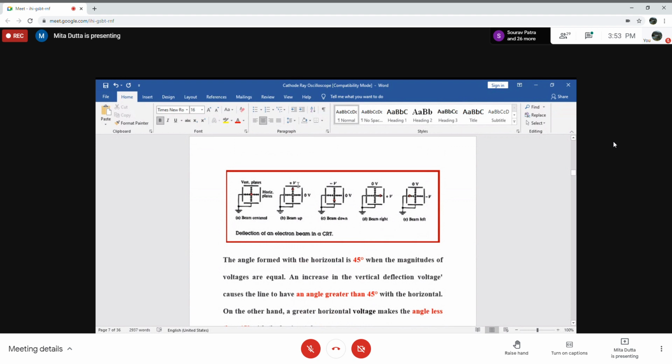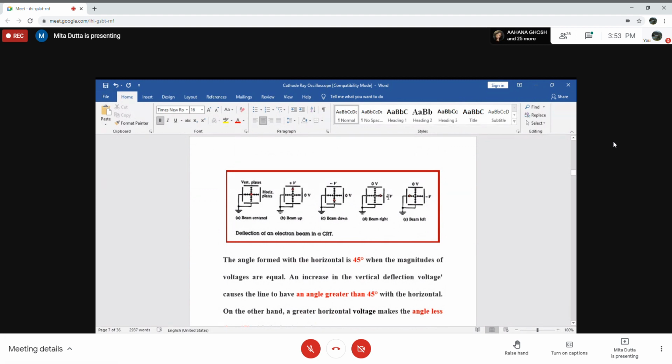Since the upper vertical plate is kept at positive and the lower vertical plate at 0, and no signal is applied to the horizontal deflecting plates, the beam will be deflected vertically upward. And if the lower vertical plate is kept at positive and the upper one at negative, then the beam will be deflected vertically downwards.